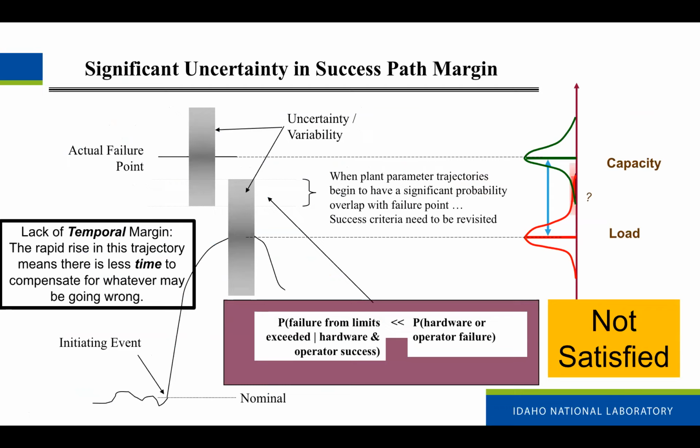So you'd rather see things change slowly. In the EBR-II example, the temperature just shot up, but they already knew it was going to come back down, and that's why they didn't worry.